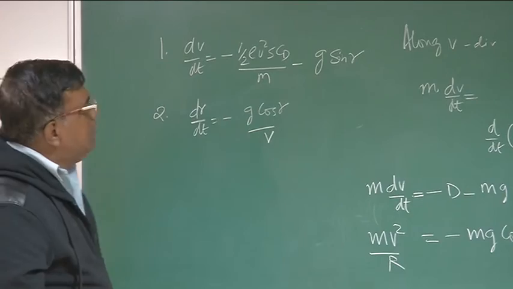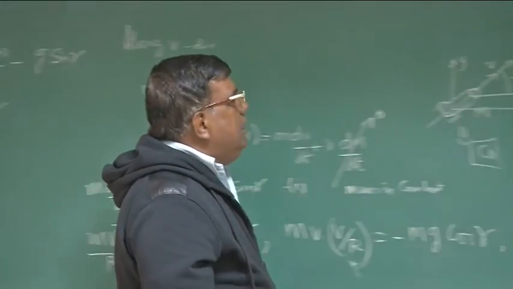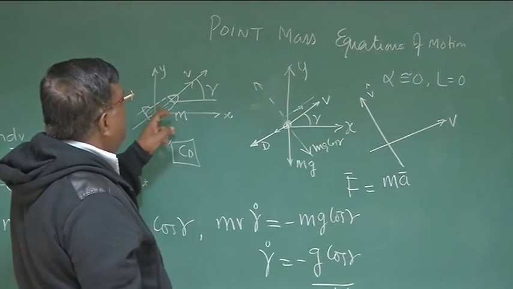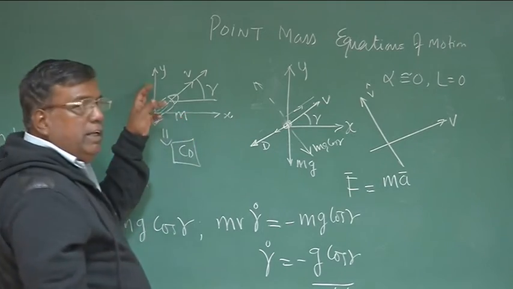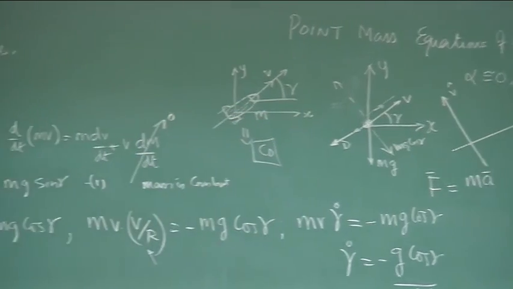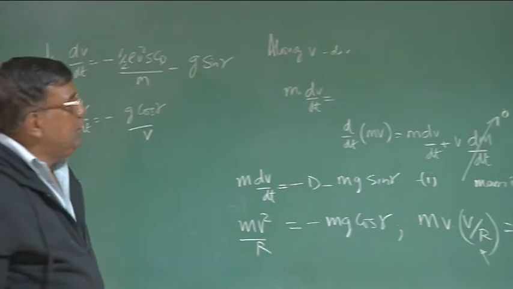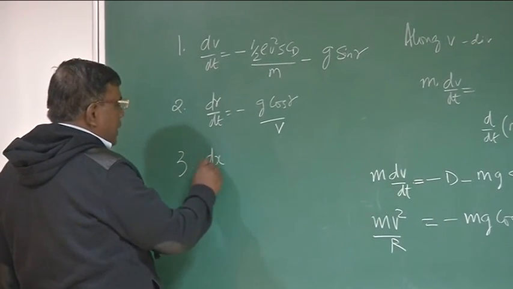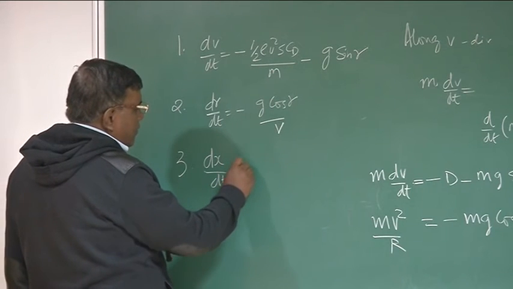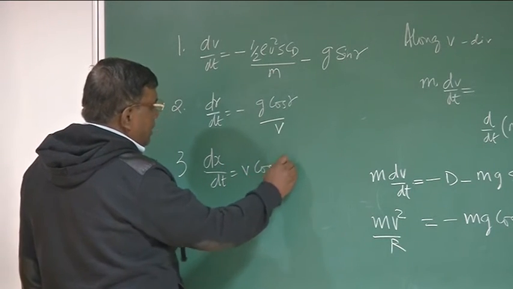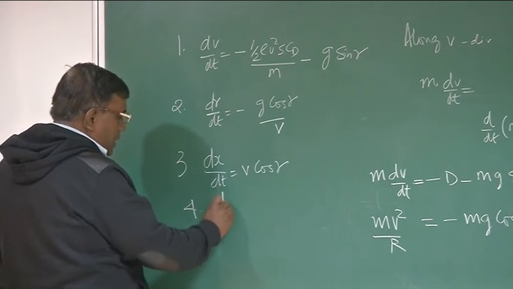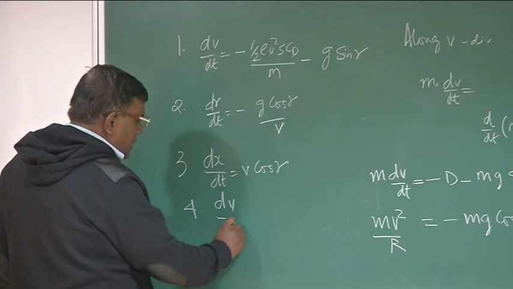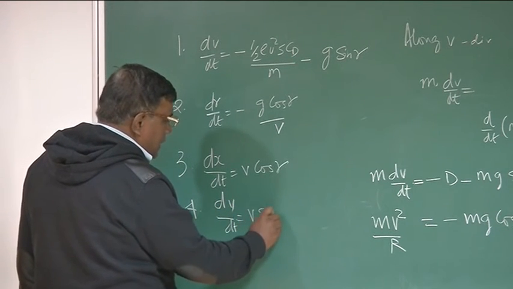What is our aim? We want to find the coordinates of this projectile in terms of the x and y axes, right? We are assuming that it's a planar trajectory. So we have to add a third equation, that is dx by dt is v cos gamma, and the fourth equation is dy by dt equal to v sine gamma.